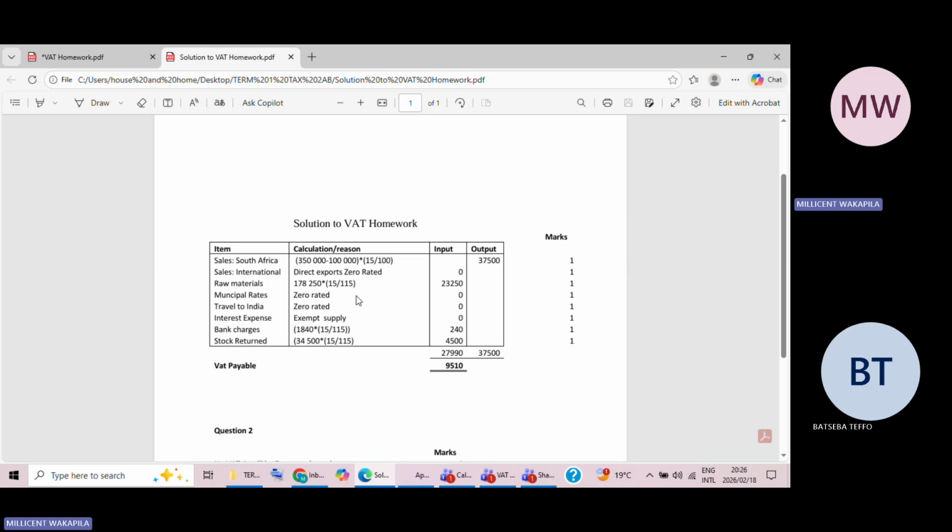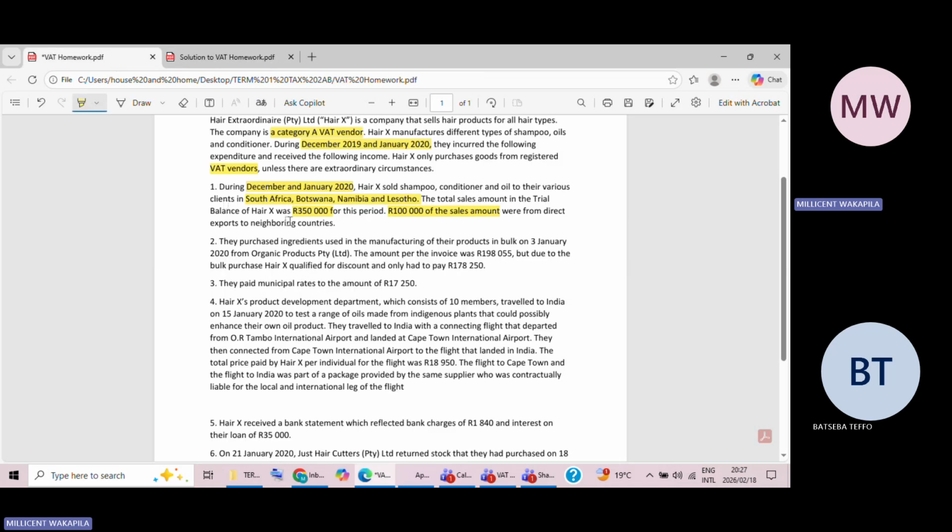So it is very important for you to structure your tables or your calculations very nicely. If you don't like this table, at least clarify in the assessment that this is my inputs, this is my outputs, so that you can get your full marks, so that the markers are able to know that you know what you're doing, right?